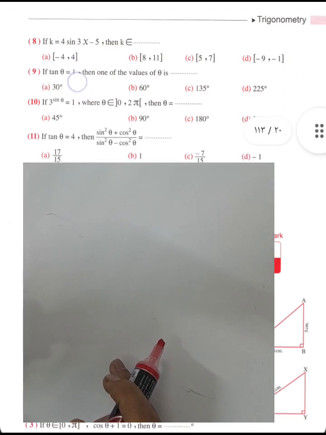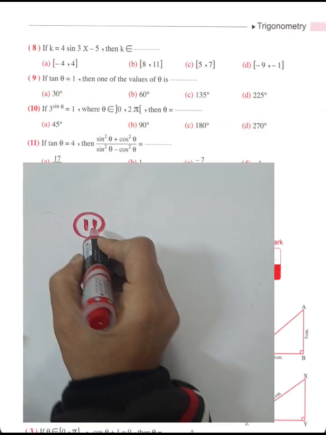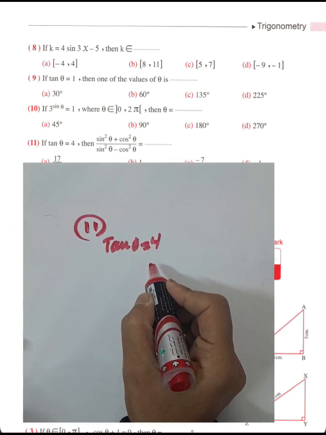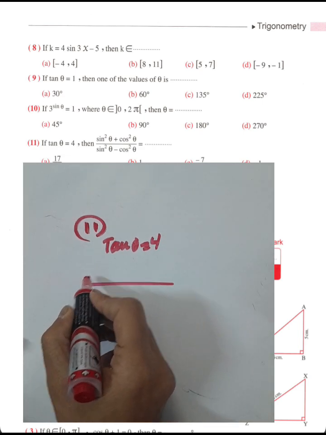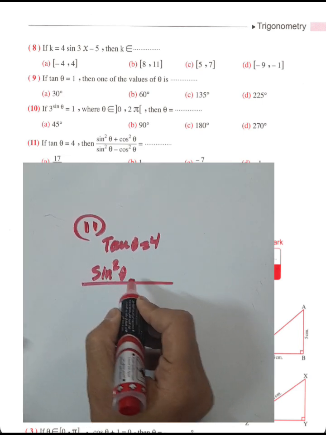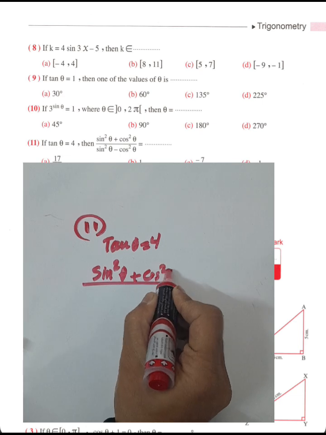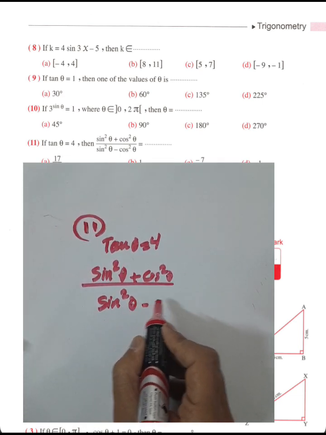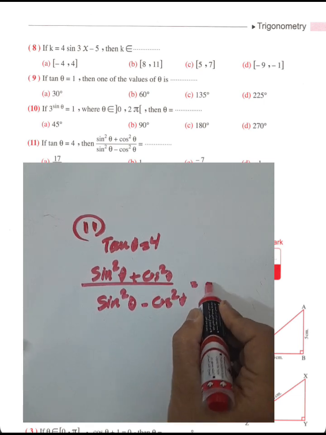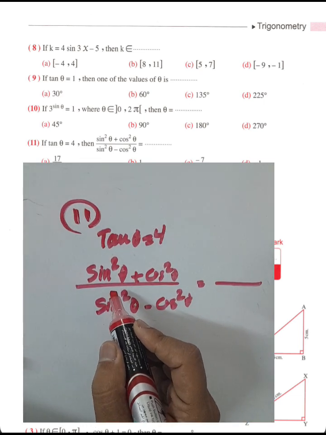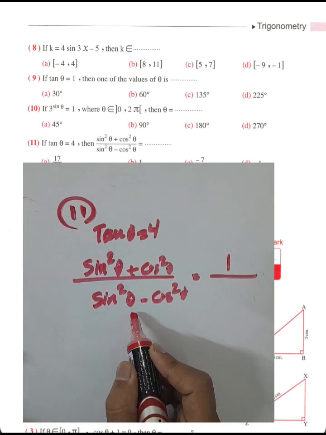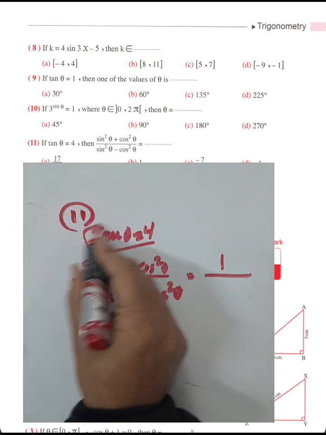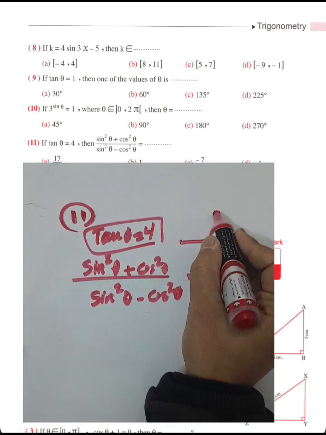Question number 11. If tan theta equals 4, then find sin squared theta plus cos squared theta over sin squared theta minus cos squared theta. We know sin squared theta plus cos squared theta is 1. And what about sin squared theta minus cos squared theta? They give us tan theta equals 4. We can draw a triangle with angle theta.